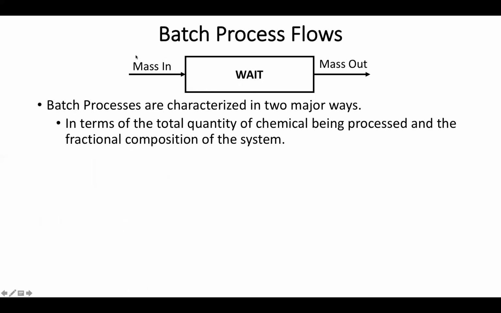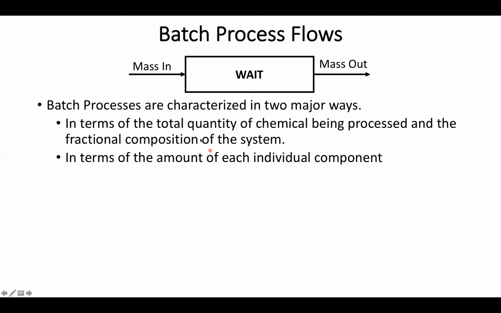So this would be the total mass in and the total mass out. And then the individual components are given by fractional composition. The other alternative is that instead of caring about the total mass, I'll give you the mass or the moles of each of the individual components.